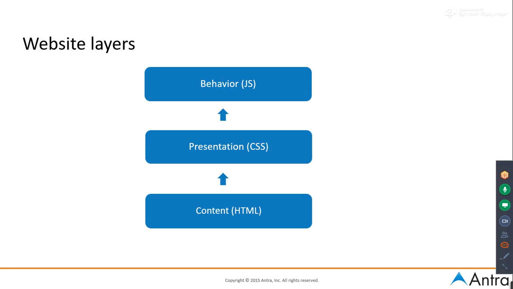And third one is the behavior, meaning when you click on it, what will happen, or when you take the cursor on it, or if you want to do some calculation, or maybe you want to display some data, you want to get the data. These three things are used inside a web page.